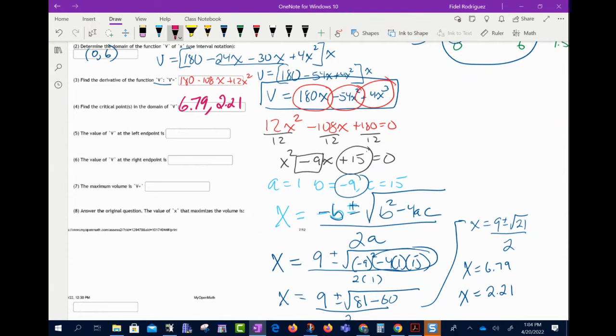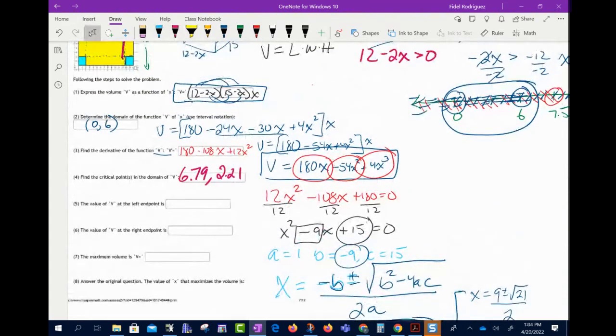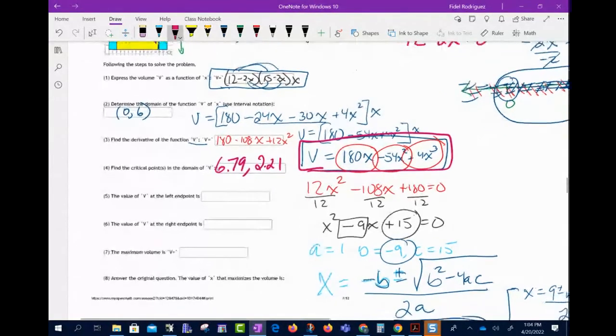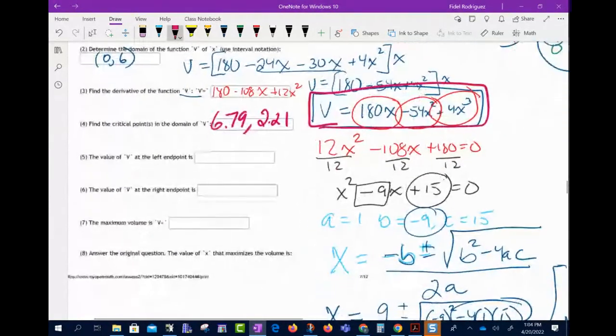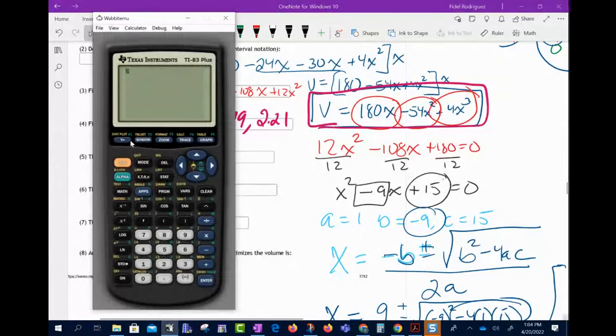Now what we want to do is plug in those numbers into the original volume function. If I were going to do that part, y'all, this is what I would do. I would come back here and clear this out.